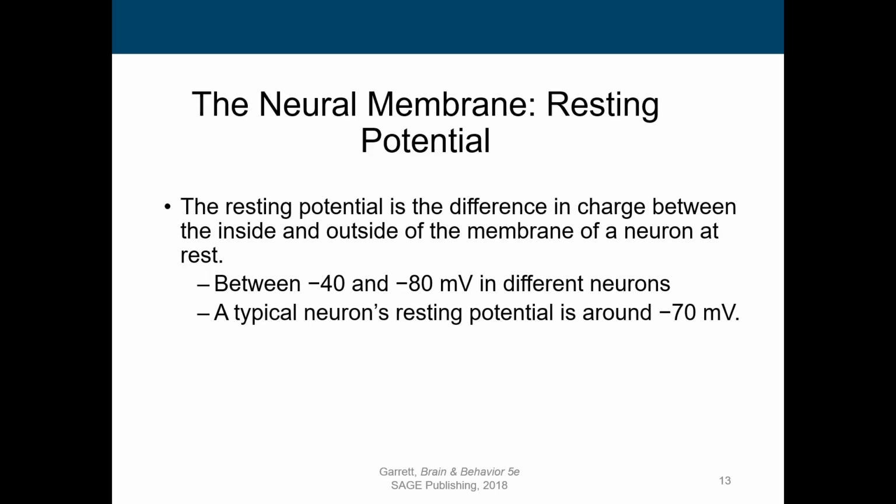Normally, and the numbers vary slightly, you'll see it between -40 and -80 millivolts. There's a range because different neurons slightly differ. And I would say on average, a neuron's resting potential is around -70 millivolts.